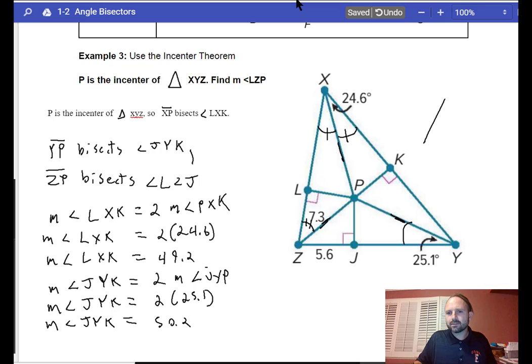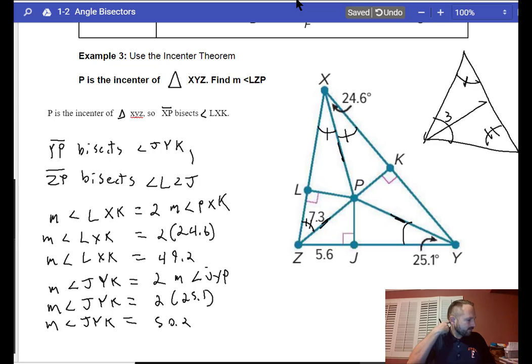So basically what we're doing is we're figuring out the measure of this angle. Let's call it measure 1. Then we have angle 2 right here. We're going to figure out angle 3 right here and then divide it by 2. That's pretty much what we're going to do. Because of the triangle angle sum theorem, we know this is 49.2.